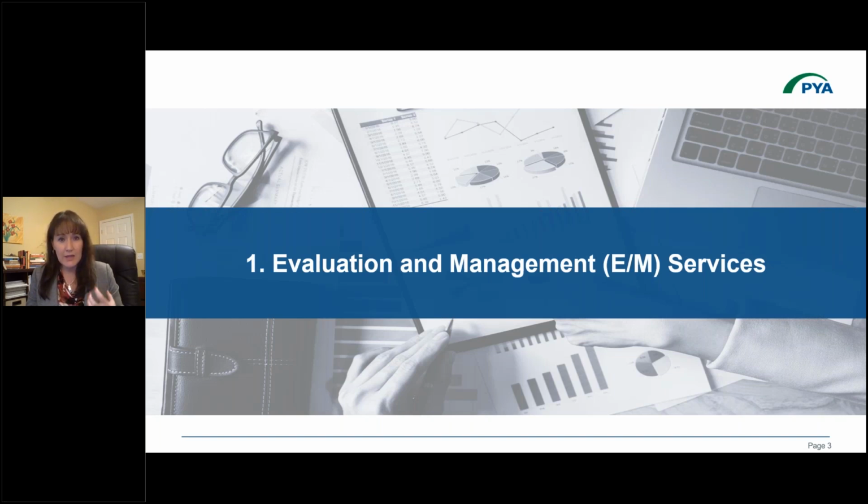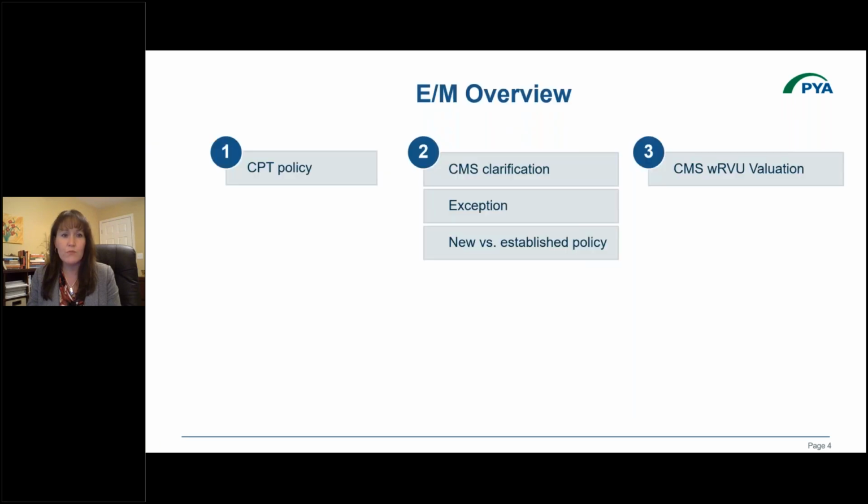So an internal discernment on those and review of those services and how these are being impacted will be important in order to determine your total impact ultimately in 2023.